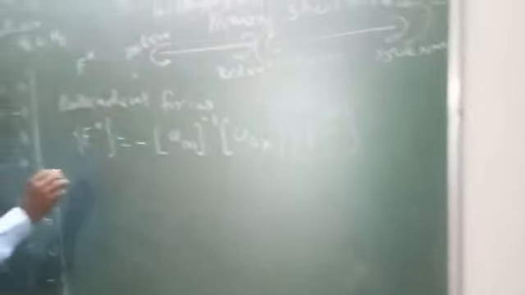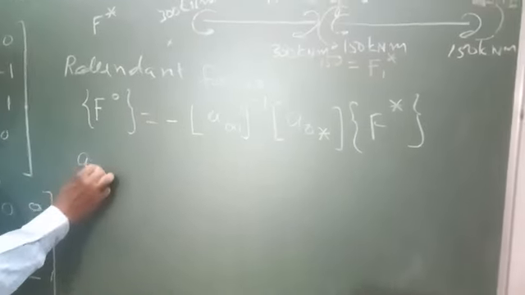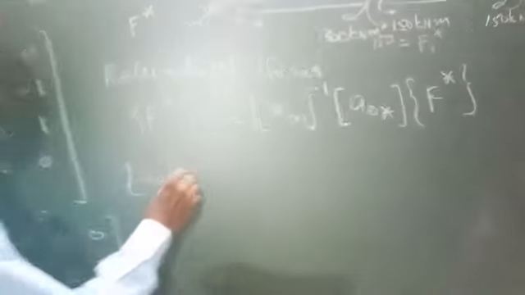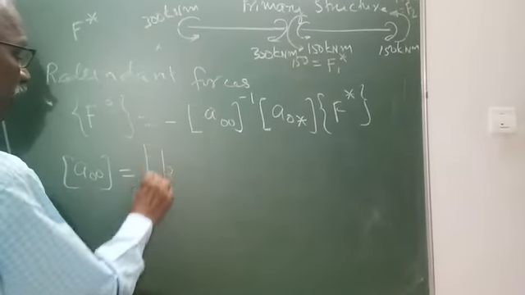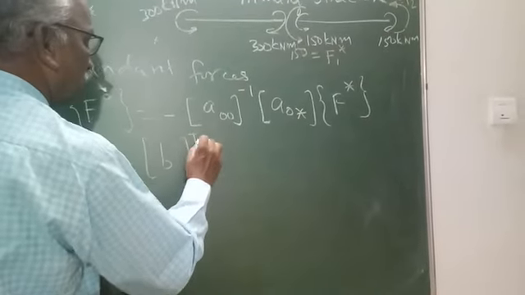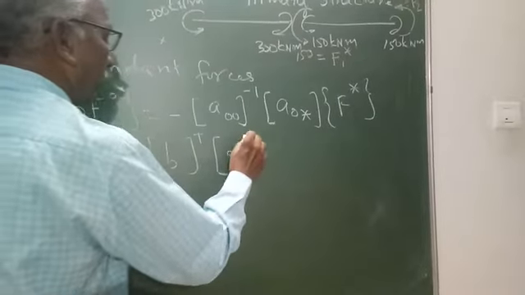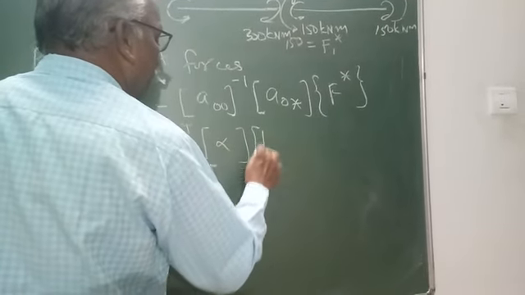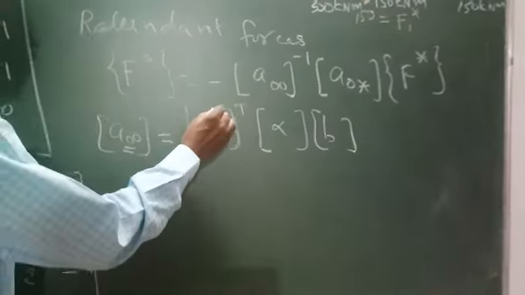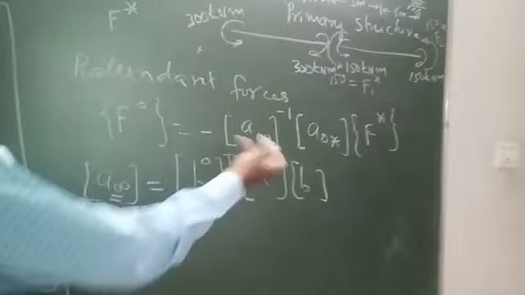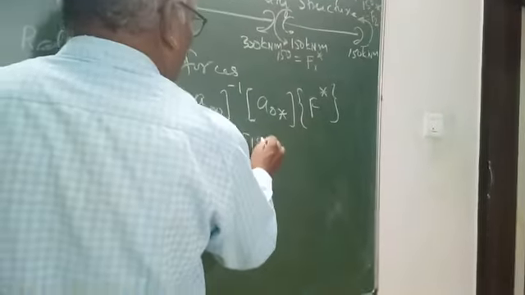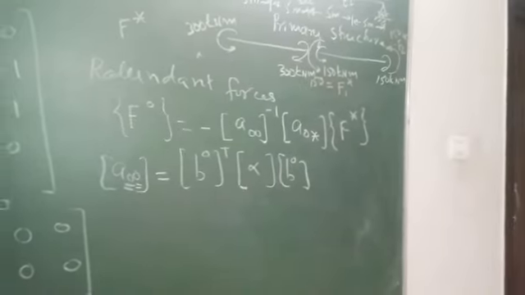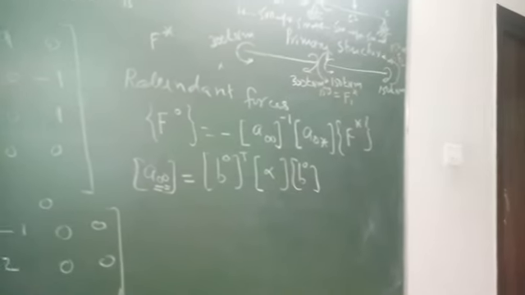So A naught equal to, we have discussed the formula, B transpose alpha into B. This is A naught, therefore this is B naught. The second one is also naught, therefore this is also naught: B naught transpose alpha into B naught.